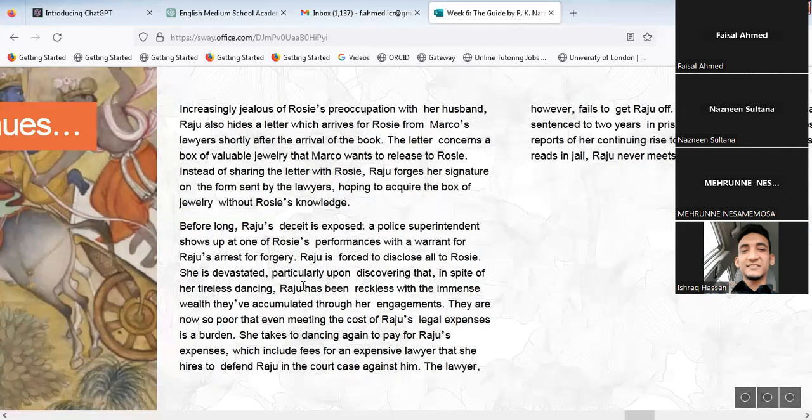She is devastated, particularly upon discovering that in spite of her tireless dancing, Raju has been reckless with the immense wealth they have accumulated through her engagements. They are now so poor that even meeting the cost of Raju's legal expenses is a burden, okay? So Raju earned a lot of money, but he extravagantly, prodigally spent all of it.